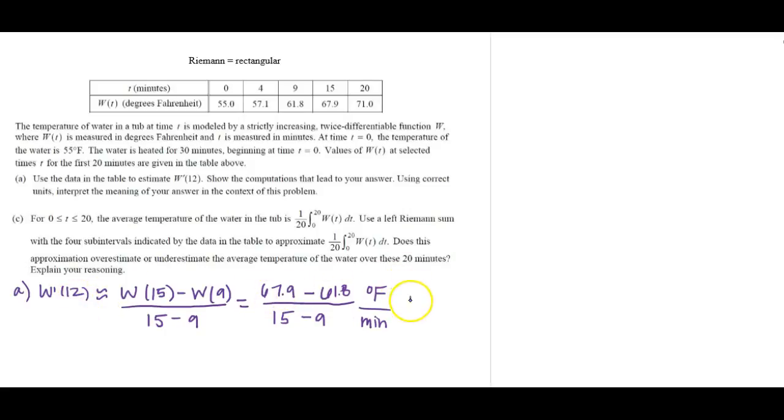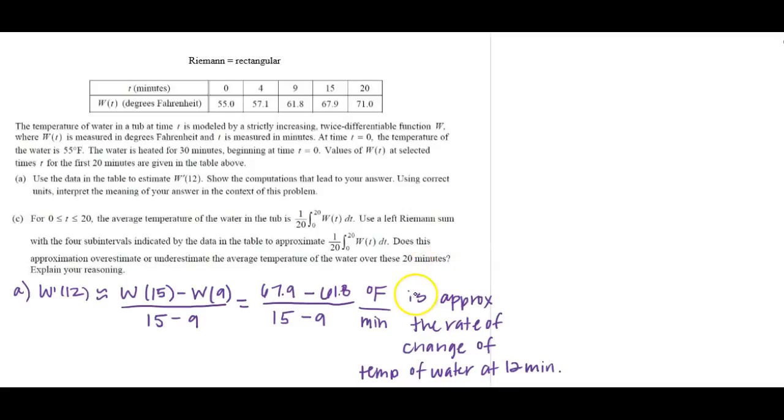So this quantity is approximately the rate of change of the temperature of the water at 12 minutes. That is what our answer actually represents. So it's the approximate rate of change of the temperature of the water specifically at 12 minutes. Now let's do part C.